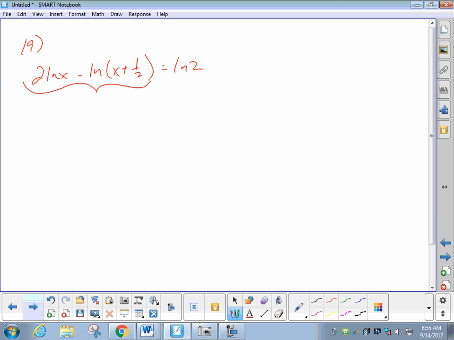Let's make sure you didn't make the common mistake of just taking the logs out. You can't do that until you get it down to one log and one log. So your goal first needs to be combine all. This would be x squared over x plus a half.